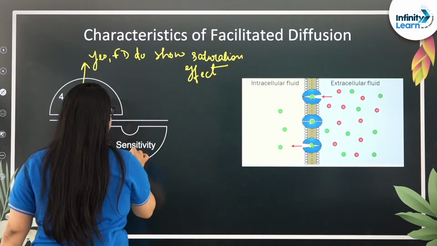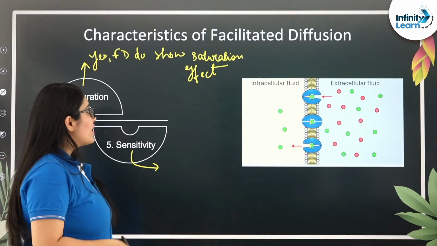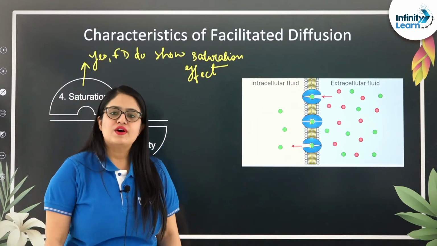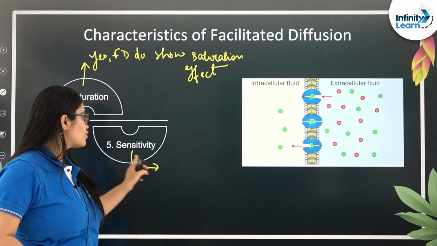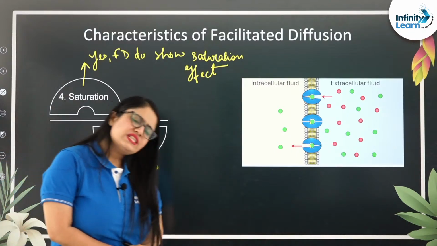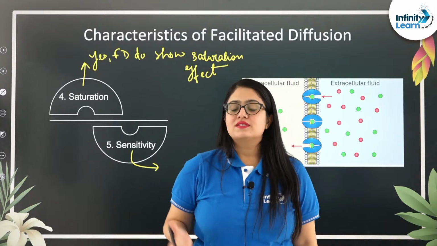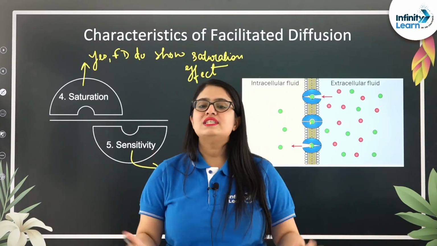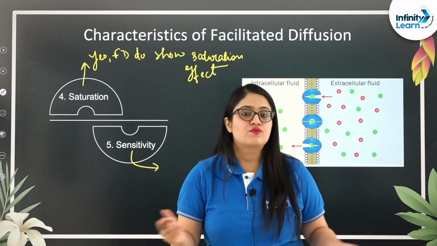Next students, sensitivity. Yes, whenever membrane proteins are used in transport, such a particular transport also becomes sensitive towards the inhibitors. So what are inhibitors? They are certain chemical substances that can interact with the protein side chains of these membrane proteins, and if this happens, then what will happen?